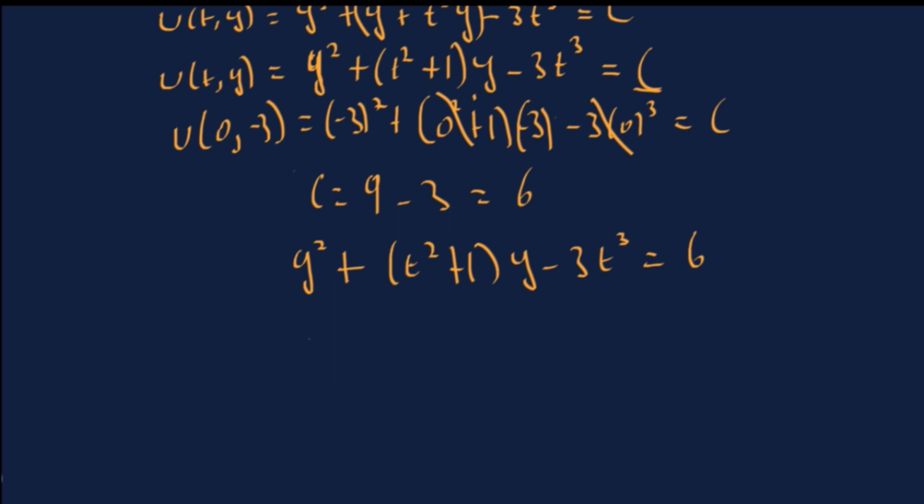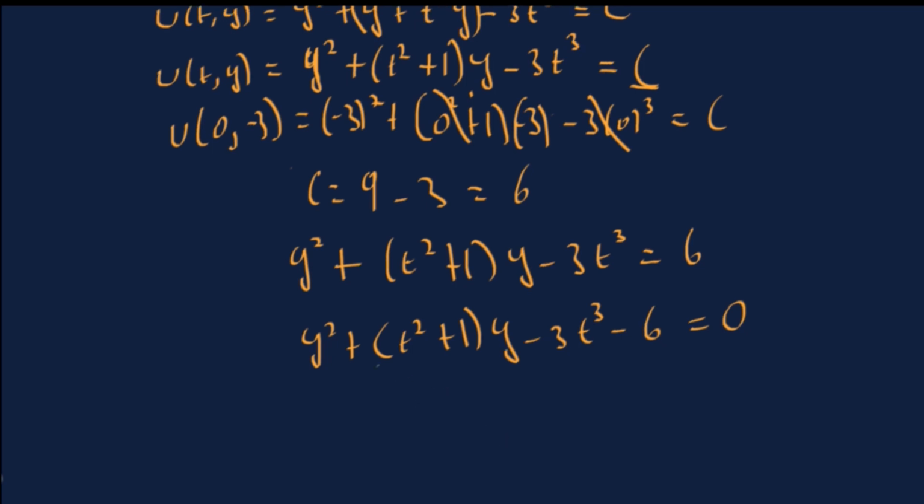So when we do that, we get y squared plus t squared plus 1 times y minus 3t cubed minus 6 is equal to 0. So now this is a quadratic equation for which we can use the formula to solve for the function y.